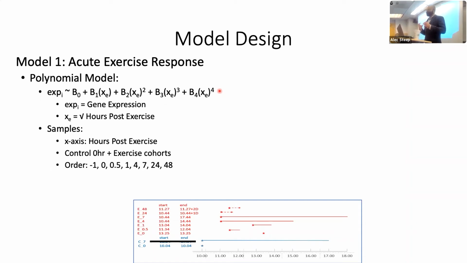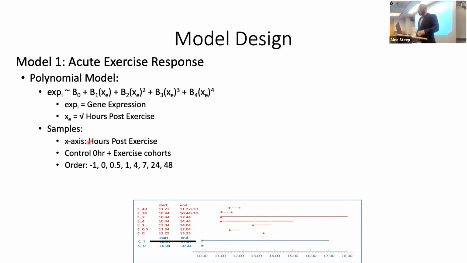One of the downsides to such a model is that these later terms, 48 to the 4th degree, are really going to steal a lot of the model, dictate the model's behavior. It might overfit on some of these latter points.